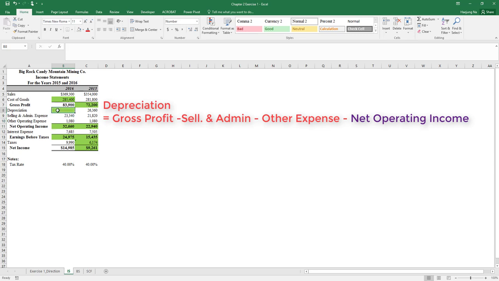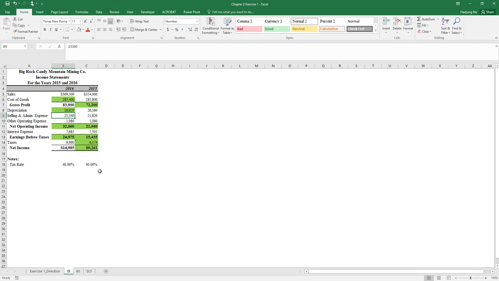That should be gross profit minus this one minus this one, and also net operating income, then we will get the depreciation amount. So we have just completed our Big Rock Candy Mountain income statements for the two years.